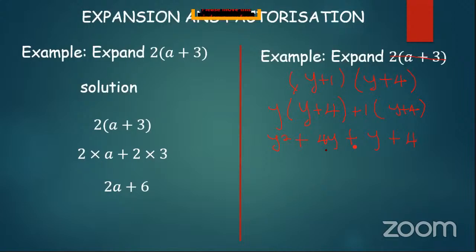Which of them are like? 4y plus y, giving us y squared plus 5y plus 4. So we'll stop there because we have finished expanding.